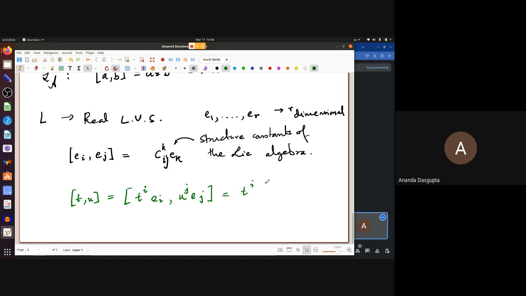And notice that because of the linearity of the product, you must have this. And now use [Ei, Ej] equal to this. You get Ck_ij Ti Uj Ek.